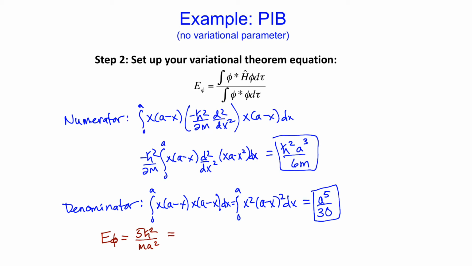So we get 5h squared over 4 pi squared ma squared.